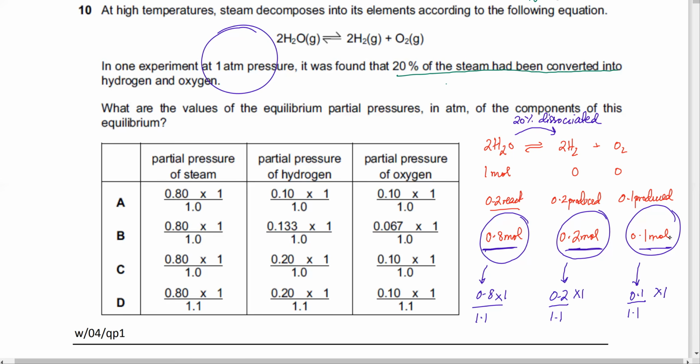The question wanted us to calculate the partial pressures, so it's mole fraction times total pressure, which we have done over here. So the correct answer is probably going to be D. Okay, D is going to be the correct answer to this question.